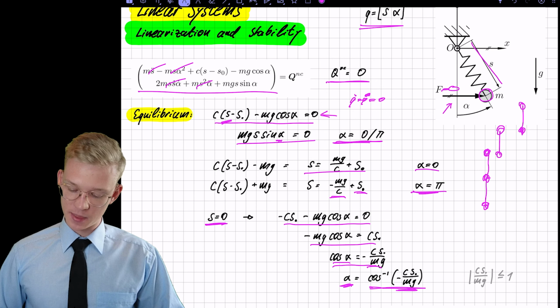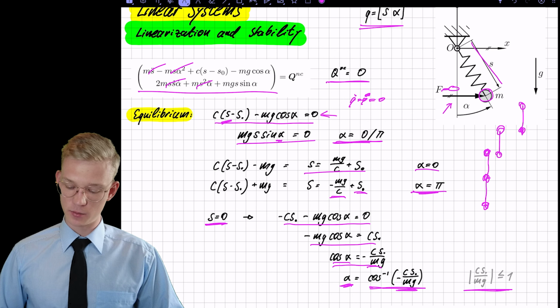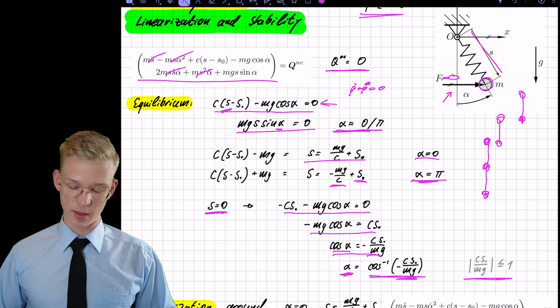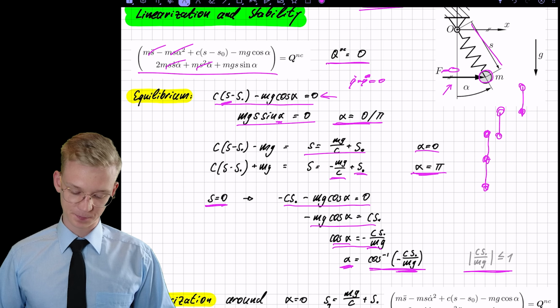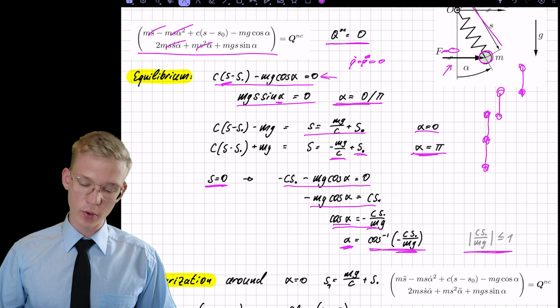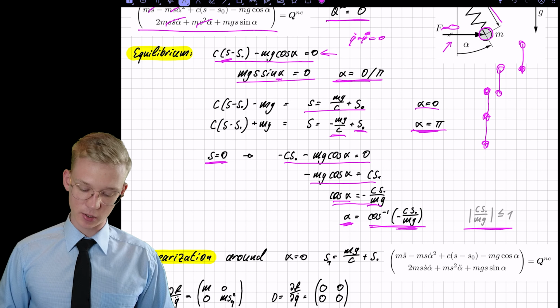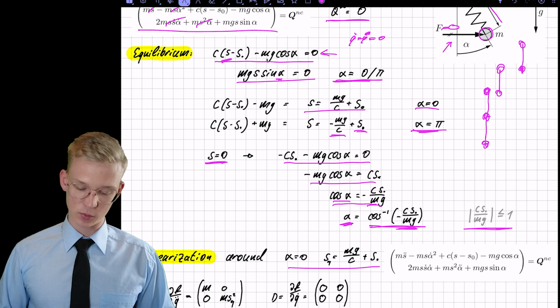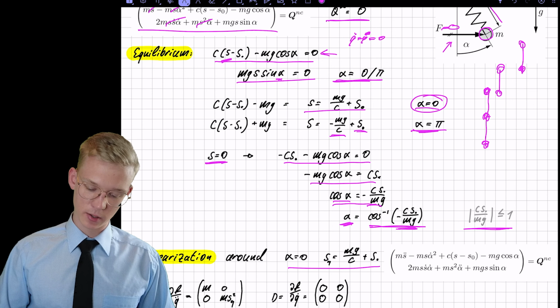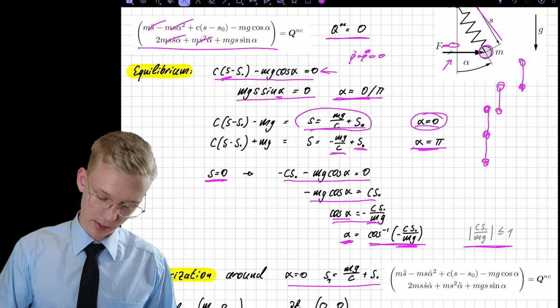But the problem is that this only works if c times S0 divided by mg is smaller than 1. Otherwise, this is not possible, and this is not an equilibrium position. So now we have 3 possible equilibrium positions, but we will focus only on this one, where alpha is 0 and S is this part.